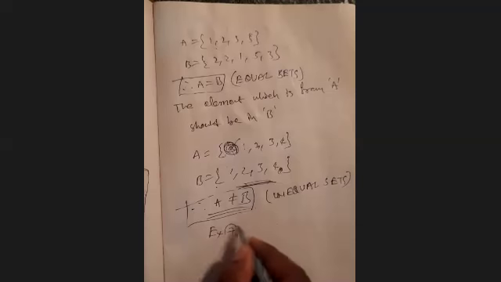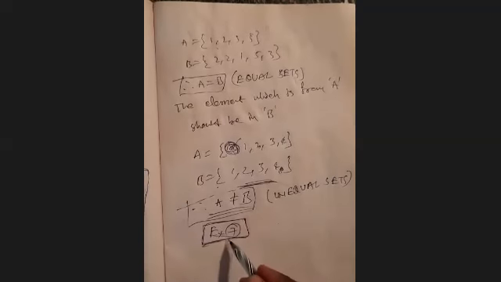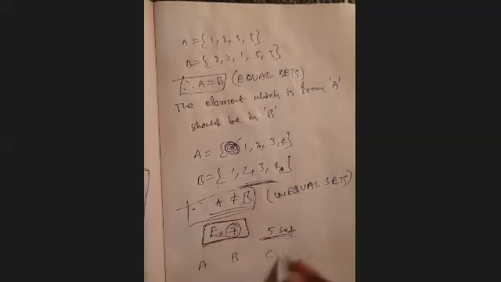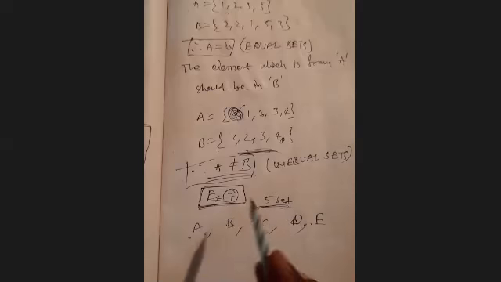Example 7 is homework for you. I think you have the PDF now, so you can see example 7. The solutions are already there. Five sets A, B, C, D, E are given, and it is asking how many pairs of equal sets there are in this exercise.